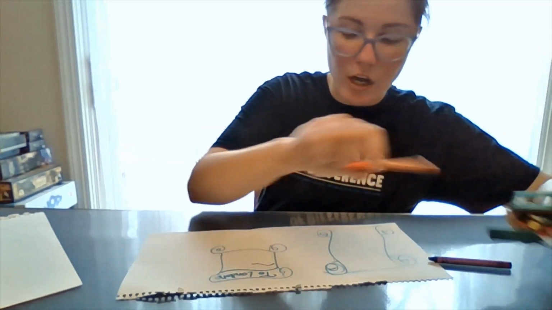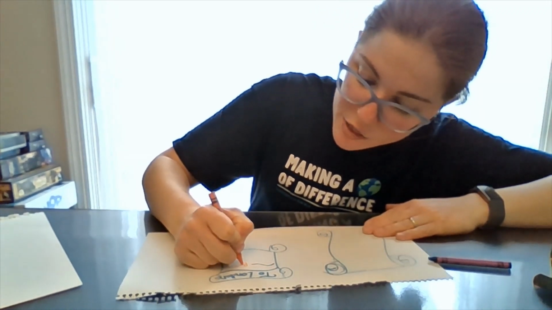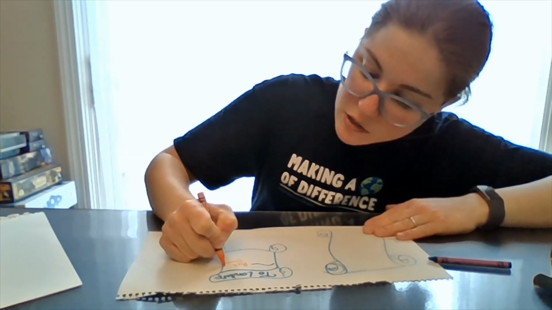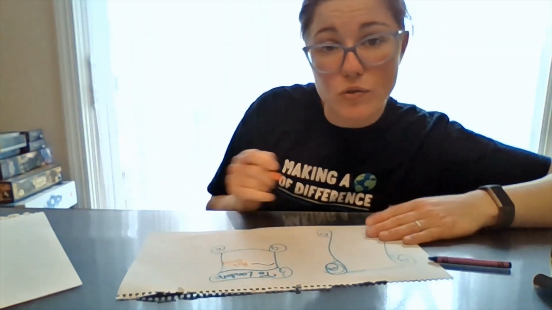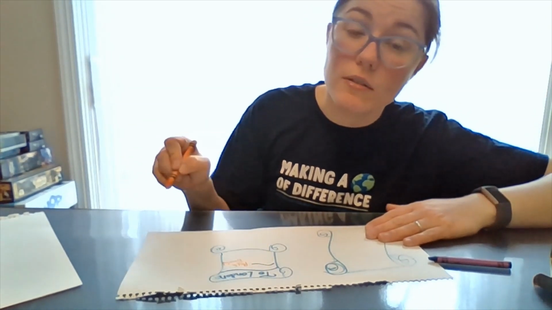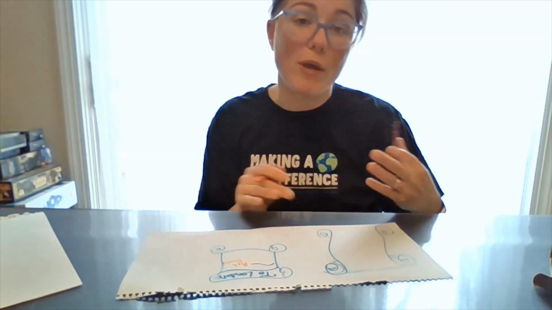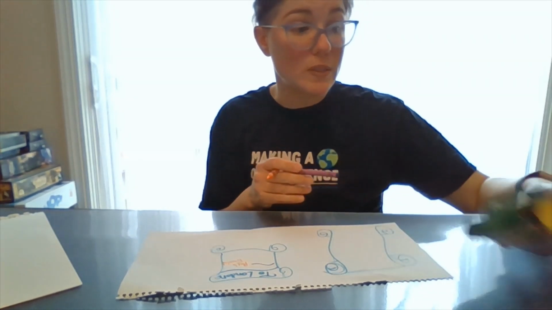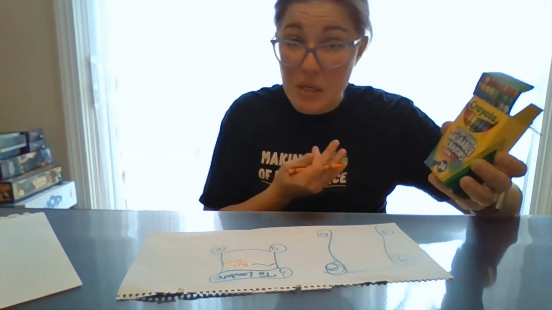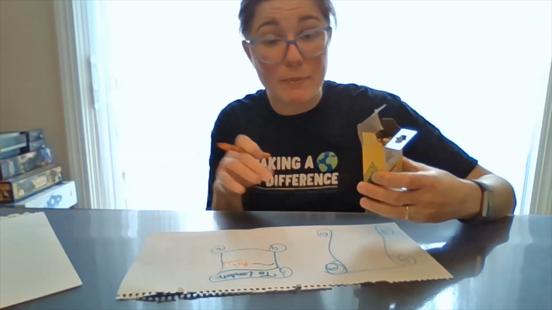And I'll just use another color, and it's going to be path traveled. If you have train tracks in yours, you could make the train track line and then write train tracks. If you have roads, you could make your roads lines and show roads. If you want to show the difference between a bus and something else, you could draw the bus and say, hey, this is a bus.